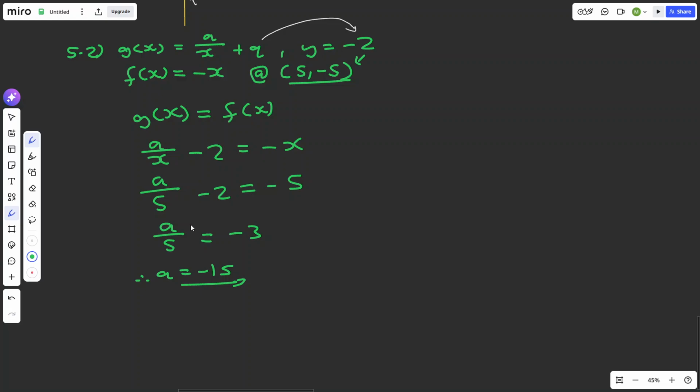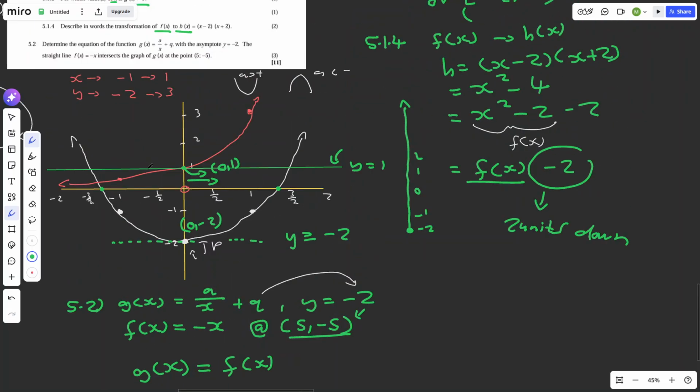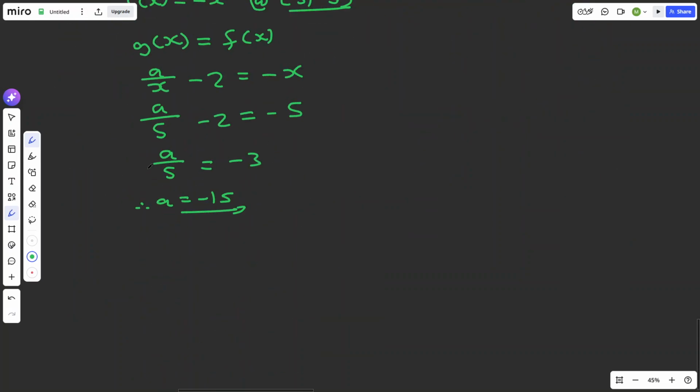The next part here is just to write down the final solution, because the output we want here is to write down the equation of our hyperbola. Since we've derived what the value of a is, we can then write down our function.